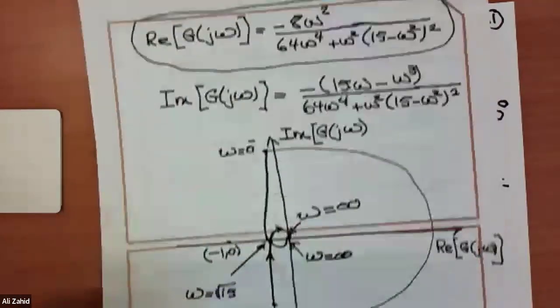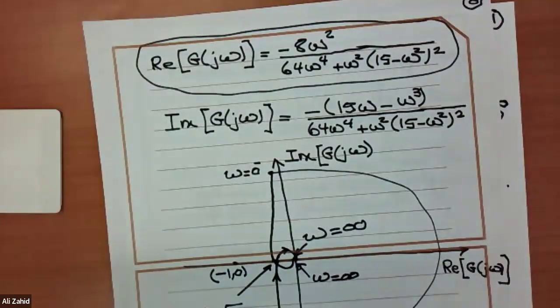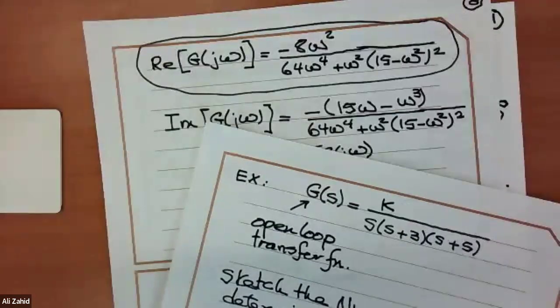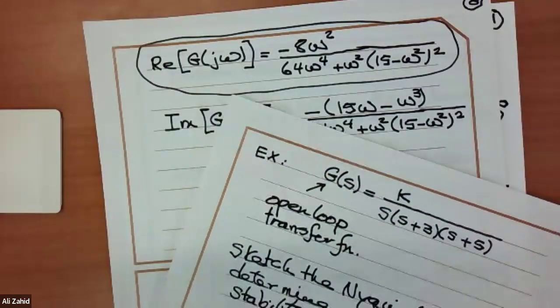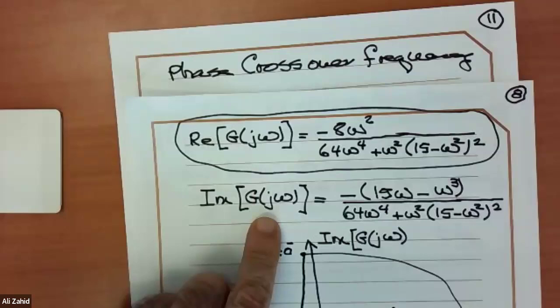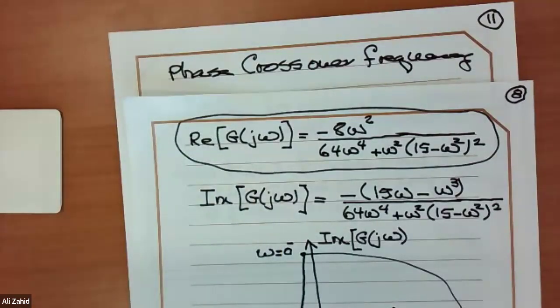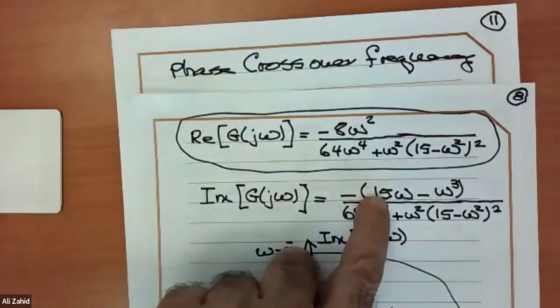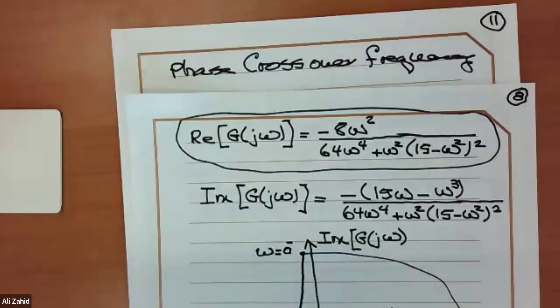Now, before we continue, how do I get the magnitude? This is the real part, and this is the imaginary part. Square root of the square of the real plus the square of the imaginary, the whole thing under the square root. Did you get it?